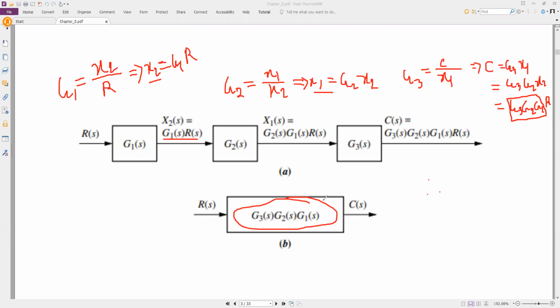That means those will be multiplied. These are the multiplication of single blocks.